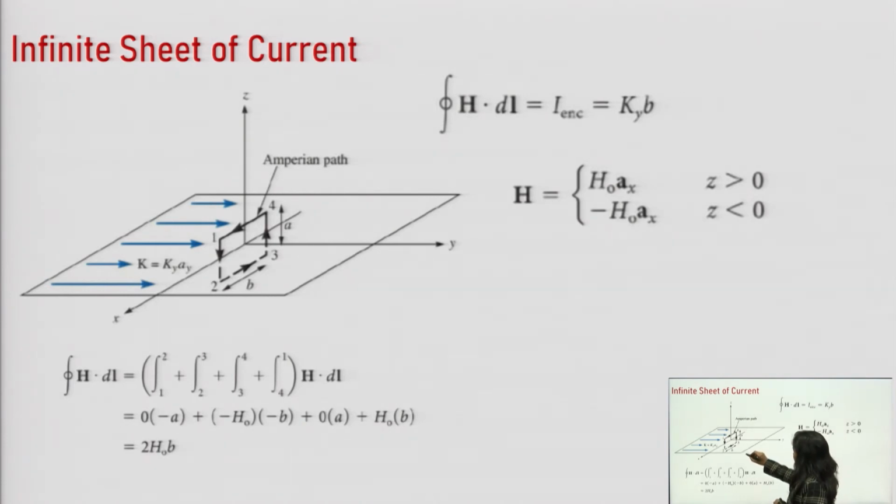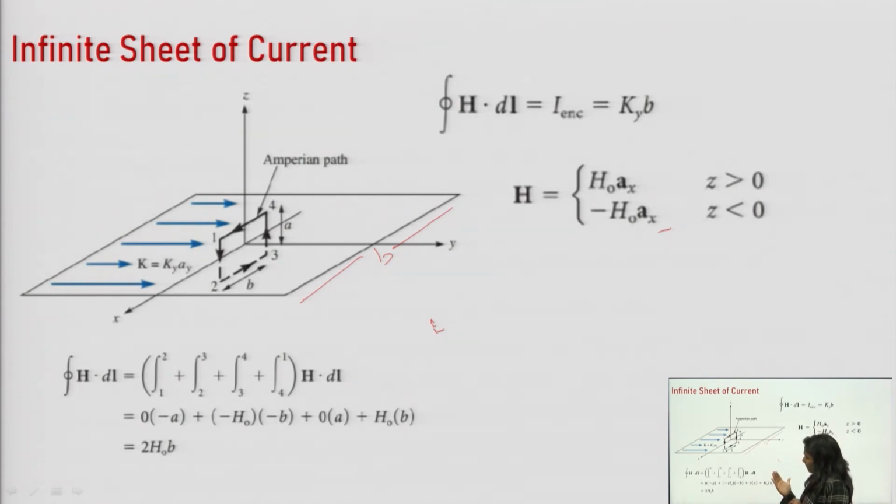This length is b, along which the current is flowing. Surface current density multiplied by this b will give the current element. So the total current I enclosed will be written as K_y b.